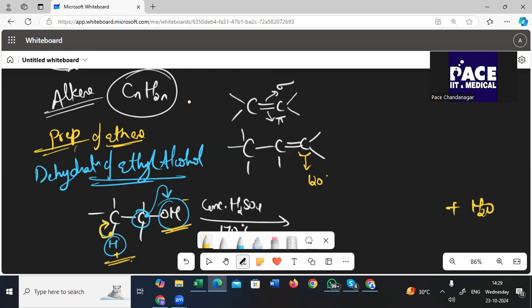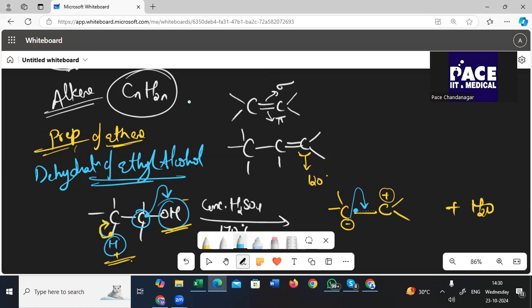Then what are we left with? 2 carbons. One carbon has two hydrogens with a negative charge, with a single bond to the other carbon, which has two hydrogens left with a positive charge. The left side carbon has a negative charge and the right side carbon has a positive charge. This electron is donated here, thereby setting up a bond like this.